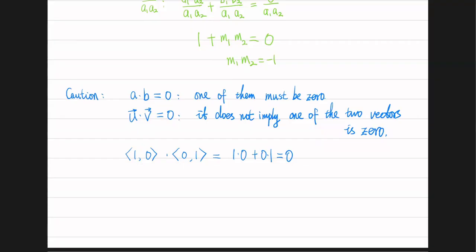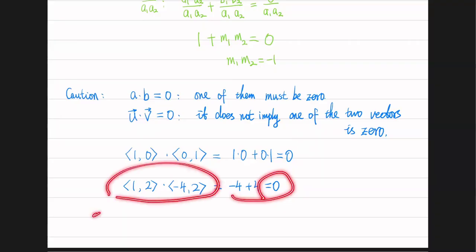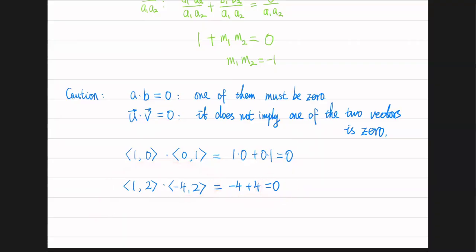Okay, if I have 1, 2, and the one I had in the very beginning, -4, 2, again the dot product is still 0, but we don't even have a 0 component over there. It does not imply any of the two vectors is 0.